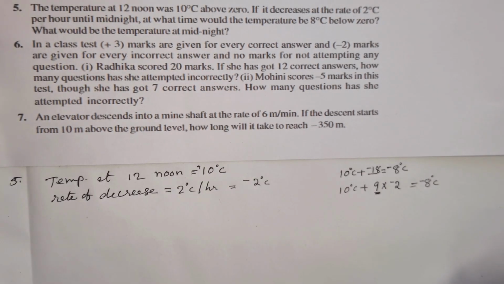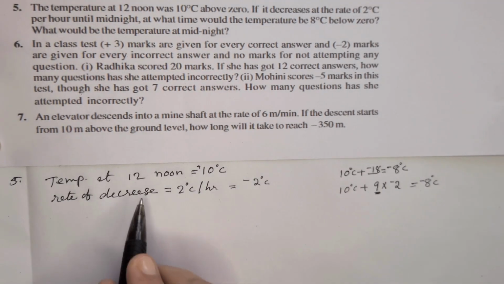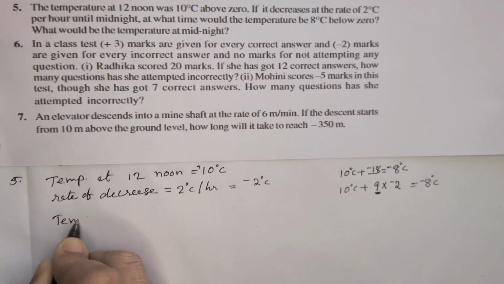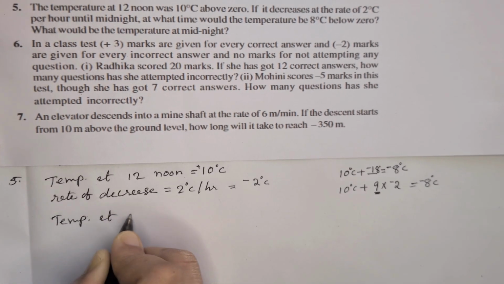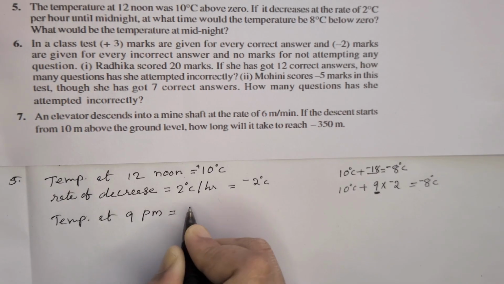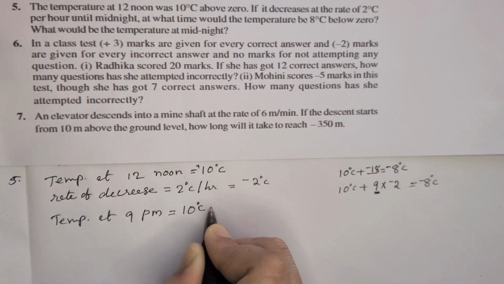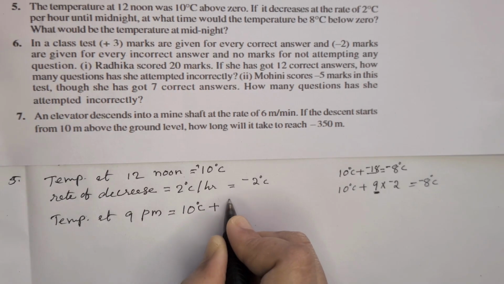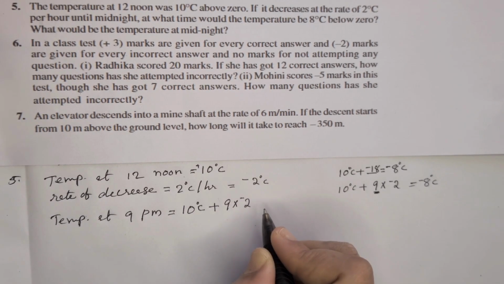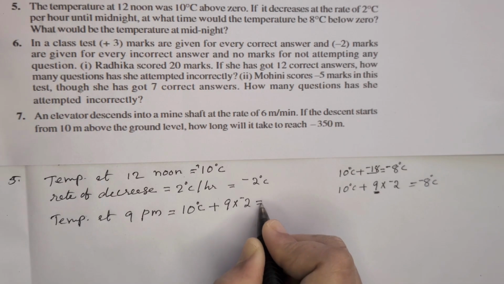So how many hours? 9 hours. At 12 noon 10 degrees Celsius. From there each hour 2 degree decreasing, at the rate of 2 degrees Celsius per hour. So temperature after 9 hours, that means temperature at 9 p.m. is equal to this 10 degree Celsius plus 9 hours more. So 9 into minus 2.